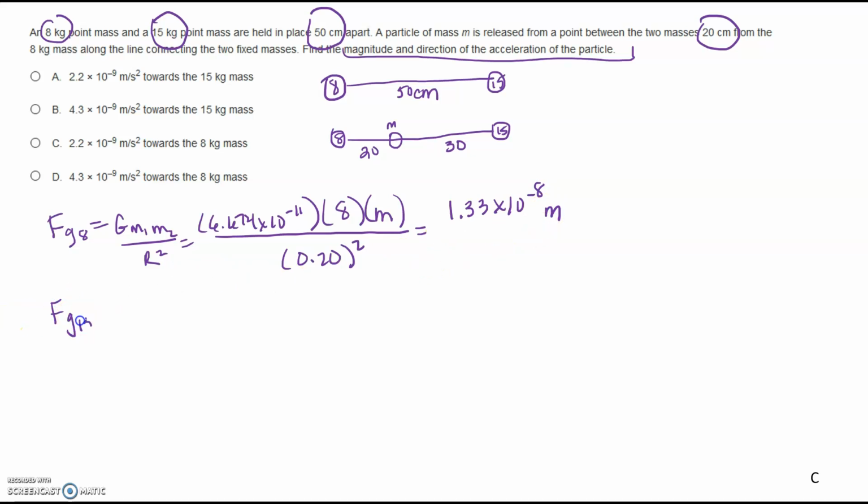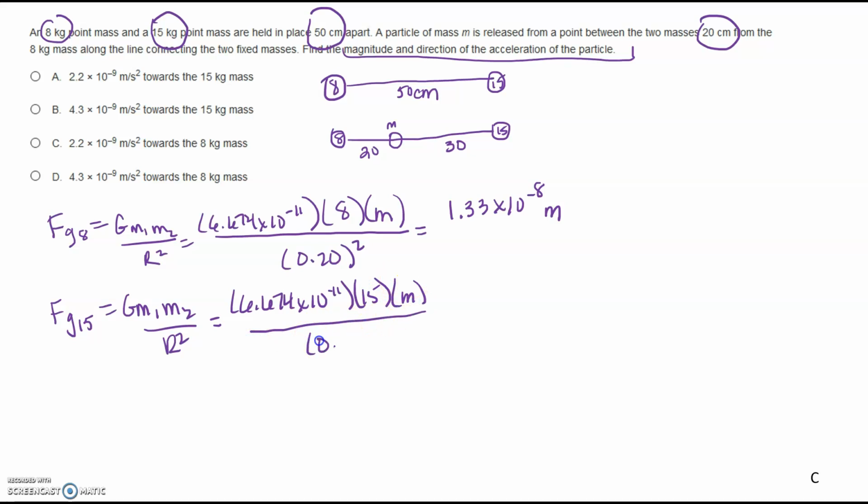I did the same thing for the 15 kilogram mass. So this is 15 m over, and the distance is 30 centimeters, or 0.3 meters. So I get 1.11 times 10 to the negative 8 m.